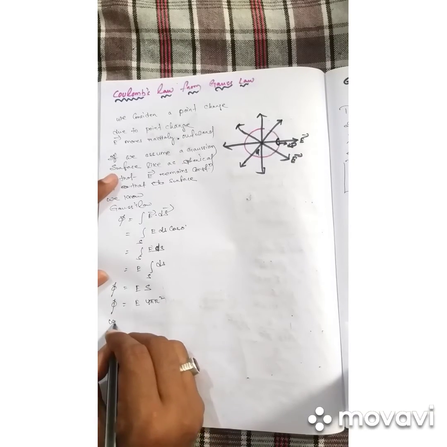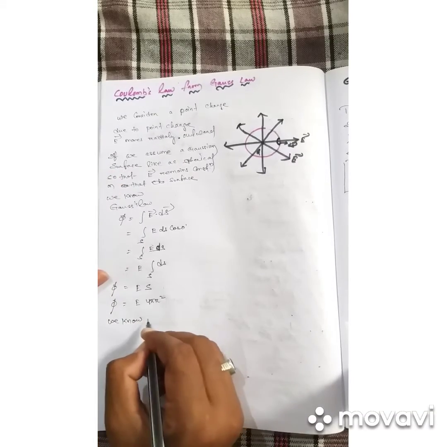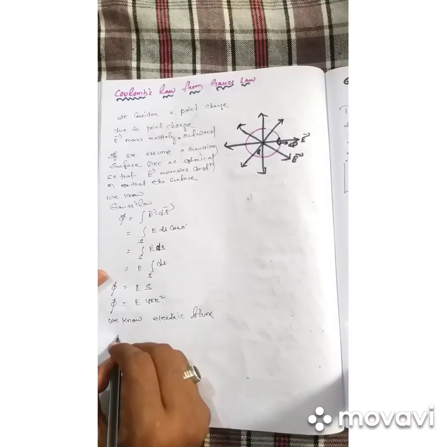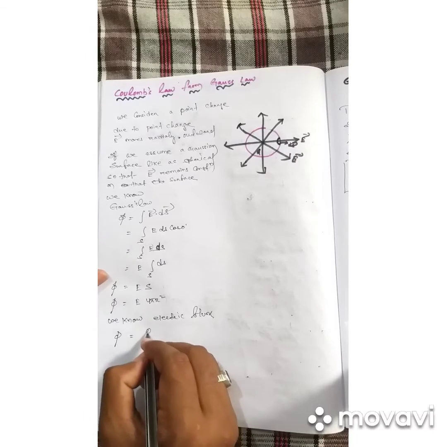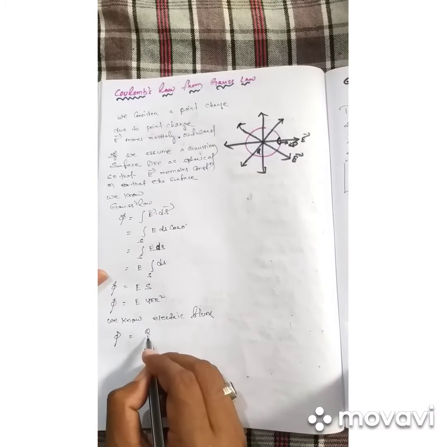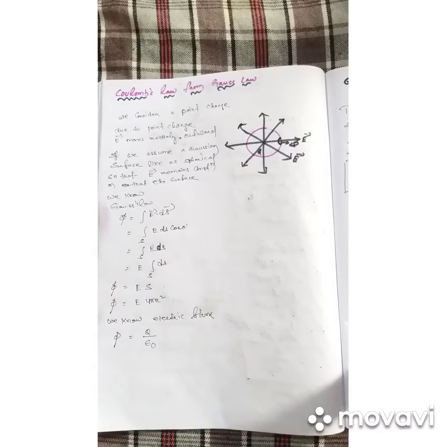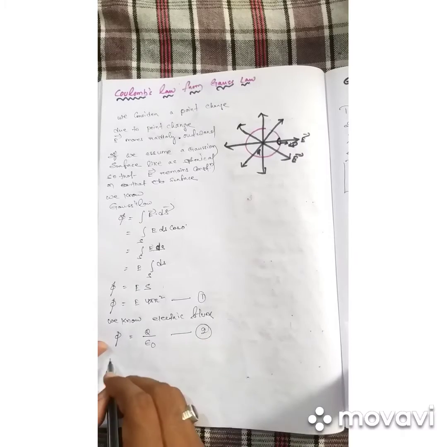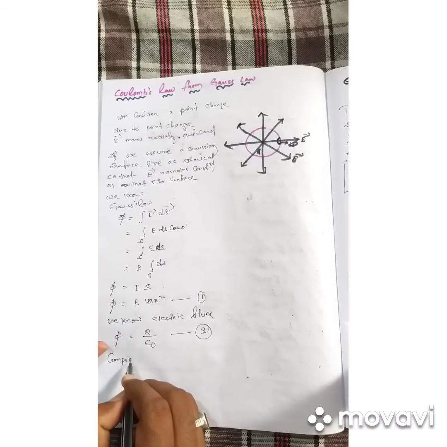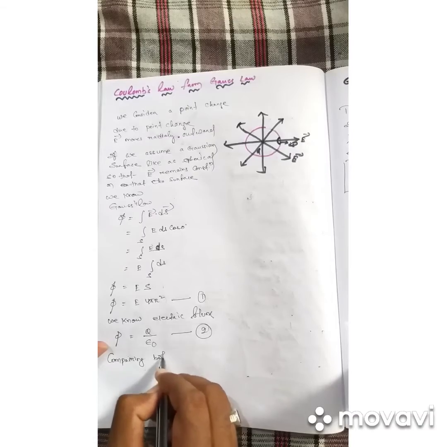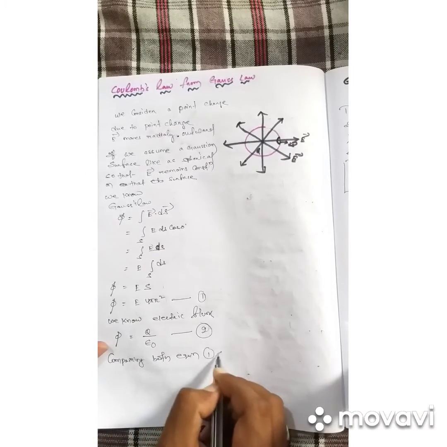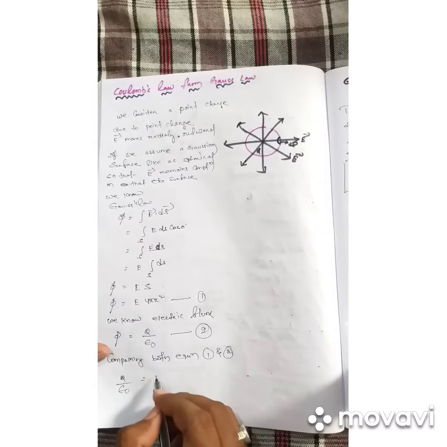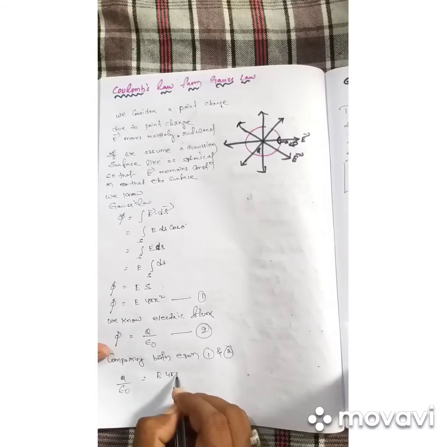We know the electric flux phi can be represented as Q by epsilon naught. So comparing both equation 1 and 2, Q by epsilon naught equal to E into 4 pi r square.